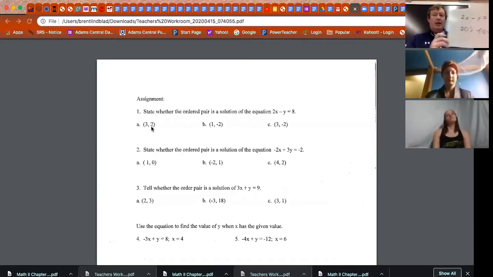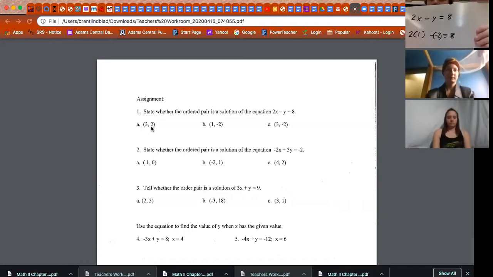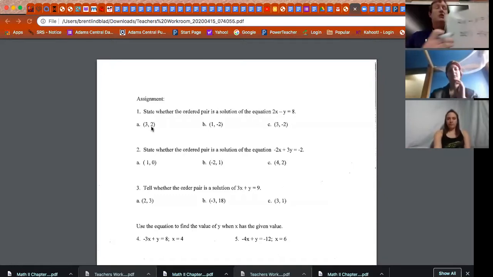Now you have to be careful when they put in negatives, because we have to think about what happens when you have the opposite of a negative. You have to think about your integer rules a little bit. So 2 times 1 is 2. The opposite of -2 is +2. So 2 plus 2 is 4. That one still didn't work.